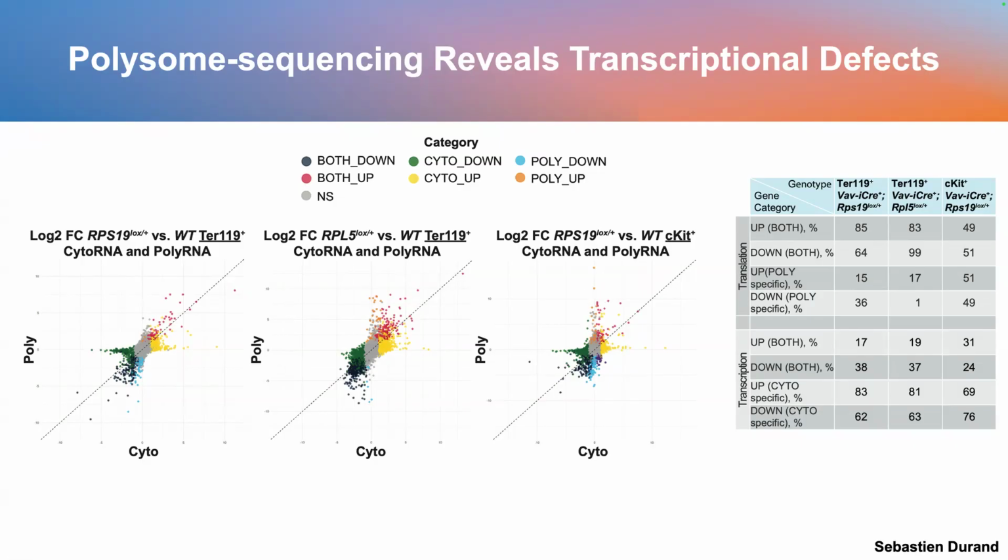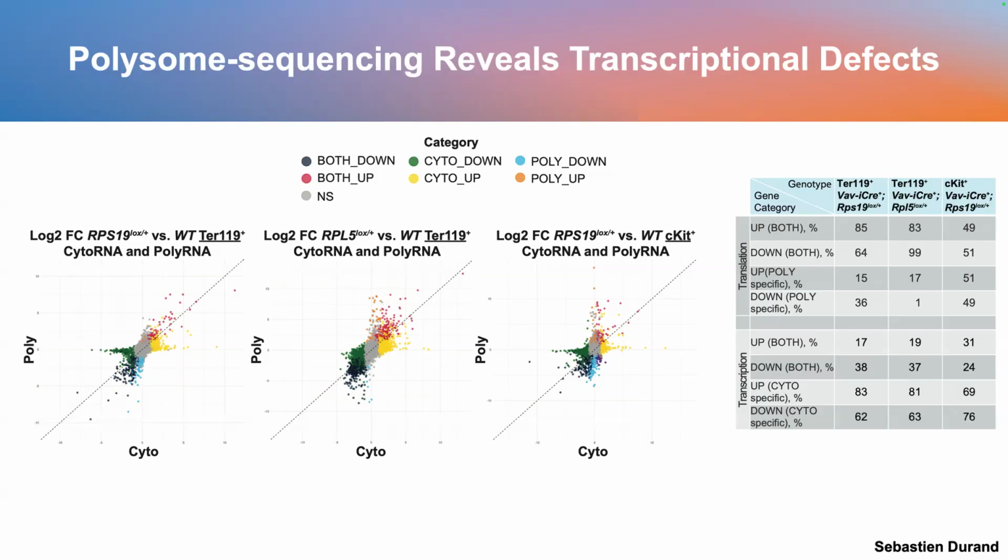And this to us was something new because, of course, we were saying, okay, this is a ribosomal protein, it's involved in translation. Why would there be a transcription defect as well? Well, what we think is that it's secondary, okay, to that.